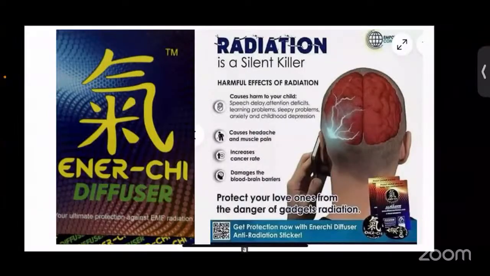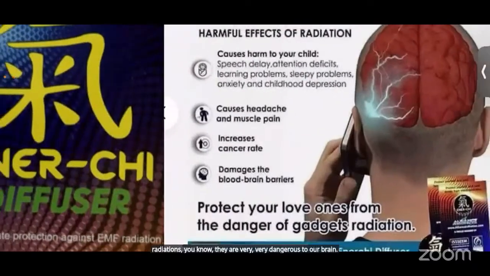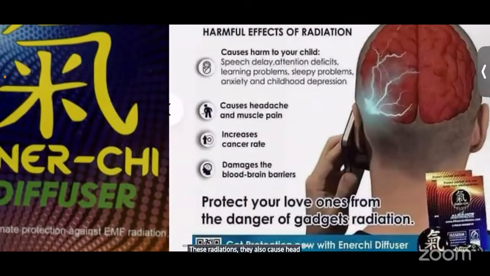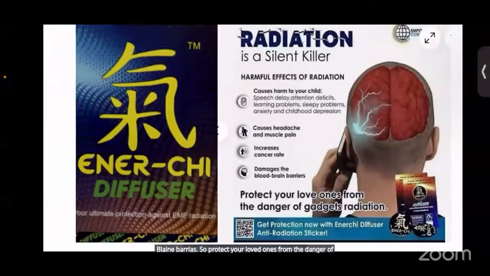Radiations are very, very dangerous to our brain. These radiations also cause headache and muscle pain. They increase the cancer rate. They damage the blood brain barriers. So protect your loved ones from the danger of gadget radiations.